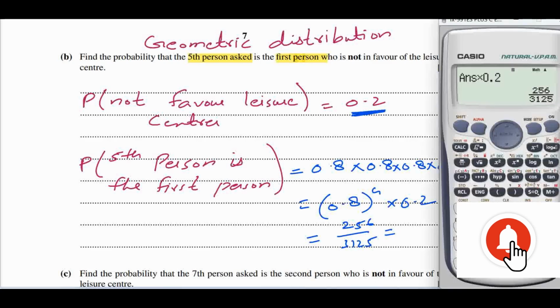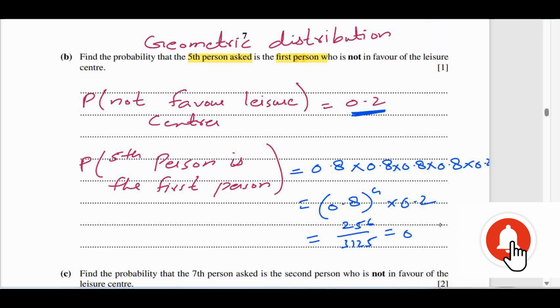This is the exact answer. And if we look at it in decimal, this will be equal to 0.08192. Now this will be the final answer. The preference is to write the exact answer. If the decimals continue, then we write the answer in fraction form. Let's move on to the next part.